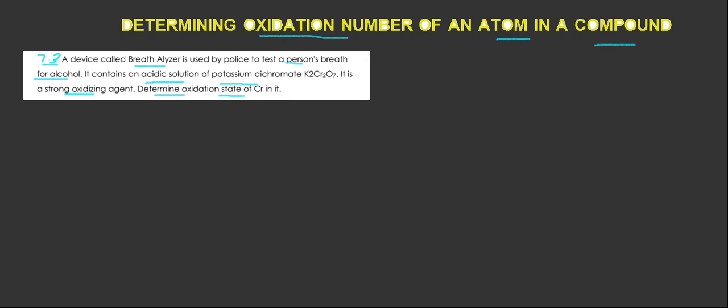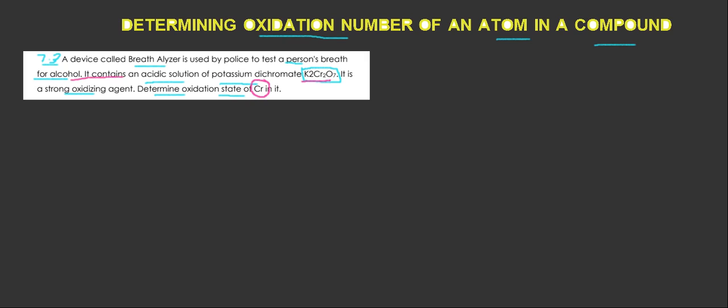Now this is an example in which potassium dichromate is given. You have to find out the oxidation number of chromium in it. As you can see in the example, you have to find out the oxidation number of chromium present in potassium dichromate, K2Cr2O7.